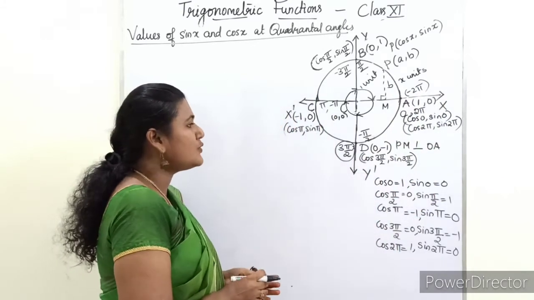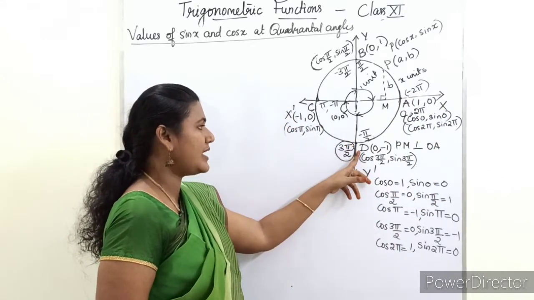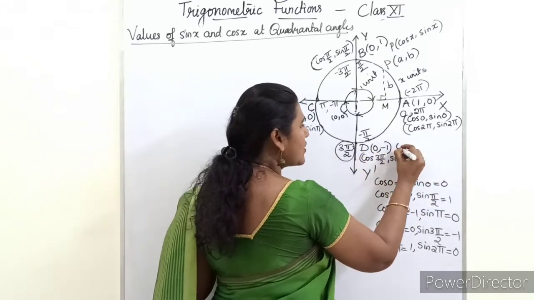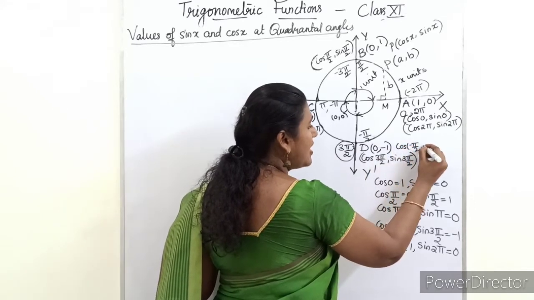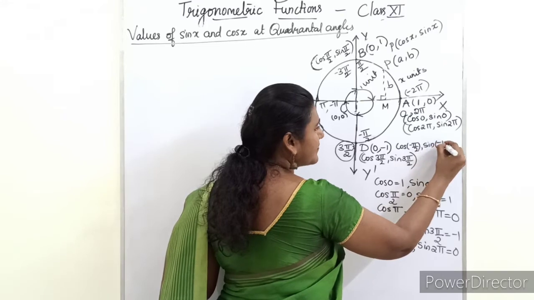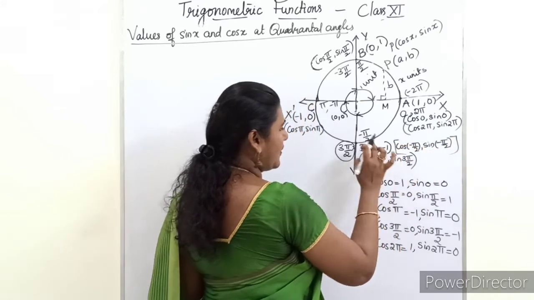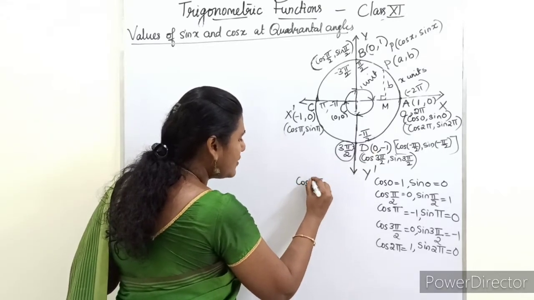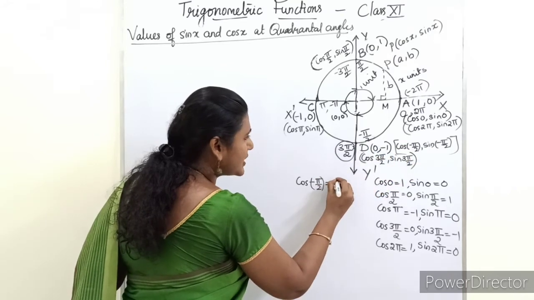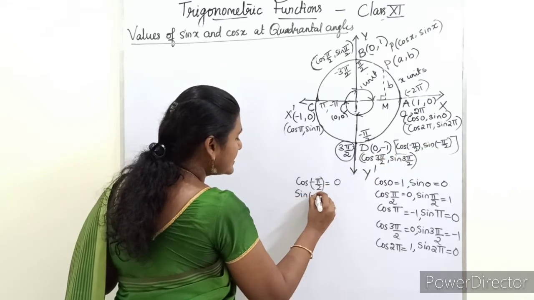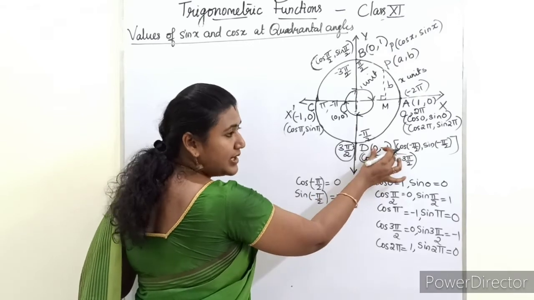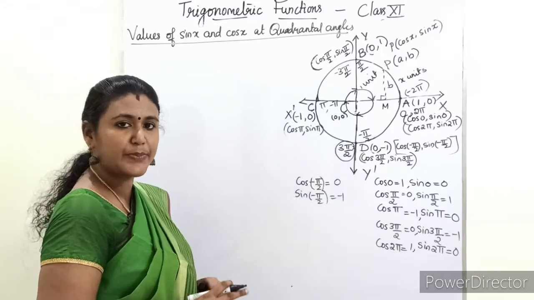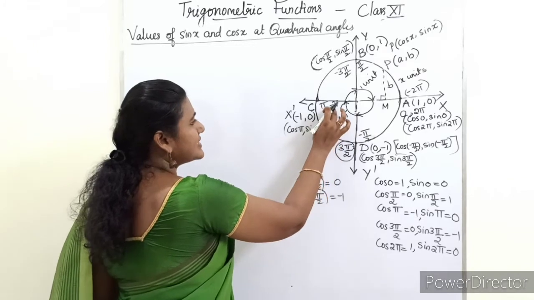Corresponding to this angle we can write the coordinates of D. With respect to minus pi by 2, we can write the coordinates of D as cos minus pi by 2 comma sin minus pi by 2. So the value of cos minus pi by 2 is equal to 0 and sin minus pi by 2 is equal to minus 1, as we have here the coordinates of D. Now if you reach here, this is minus pi.